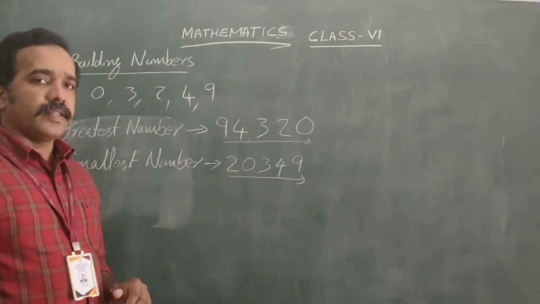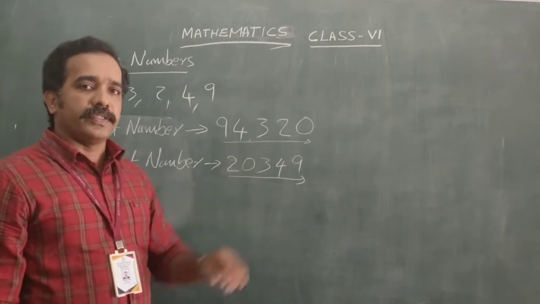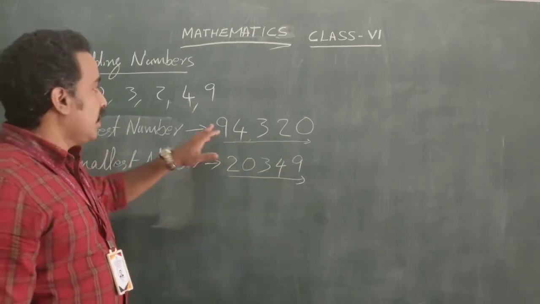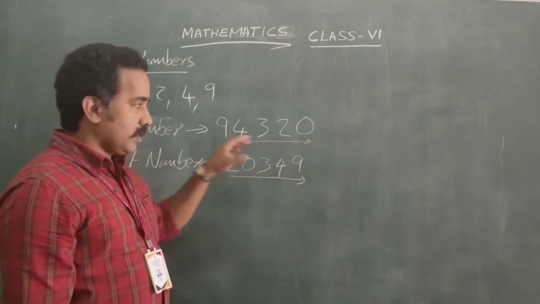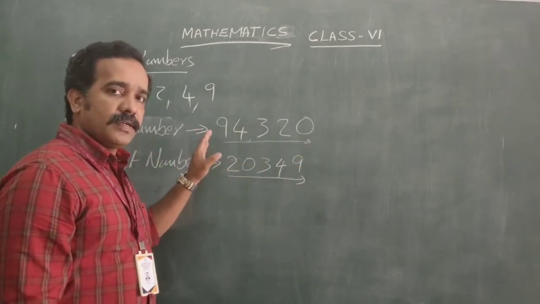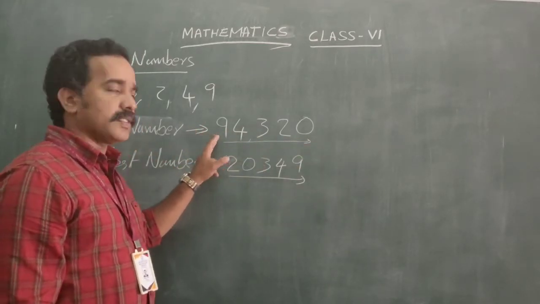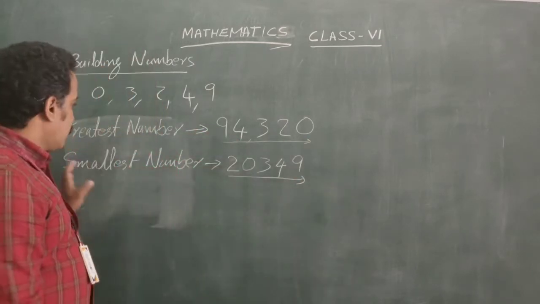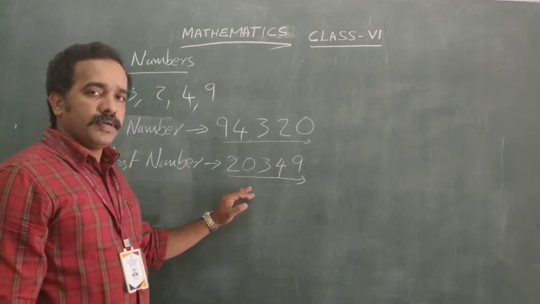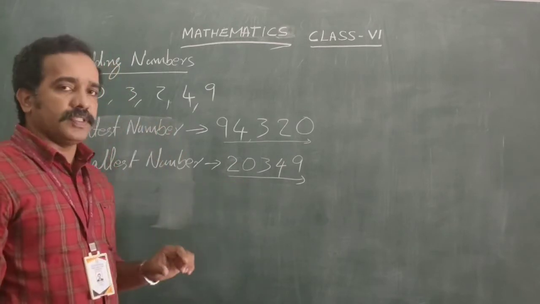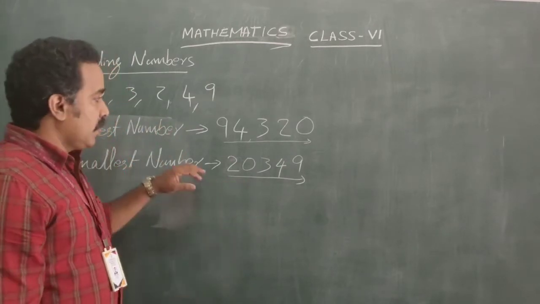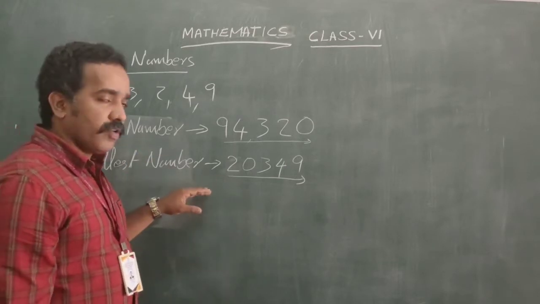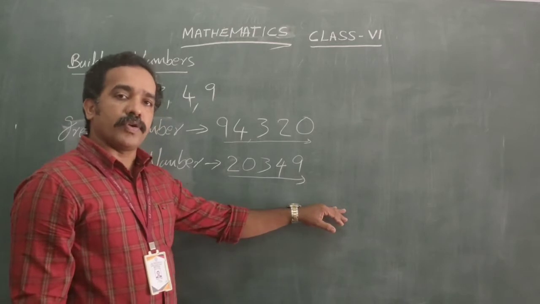So to make the greatest number using the given digits, we have to arrange the digits in the descending order. That means the biggest digit in the leftmost place and then descending order. To make the smallest number using the given digits without repeating the digits, you have to write the smallest digit first, or the digits in the ascending order.